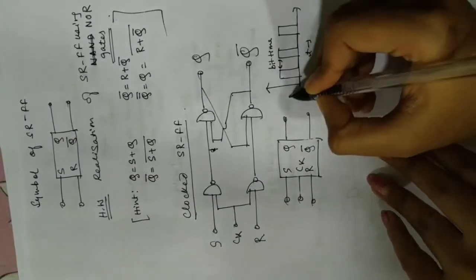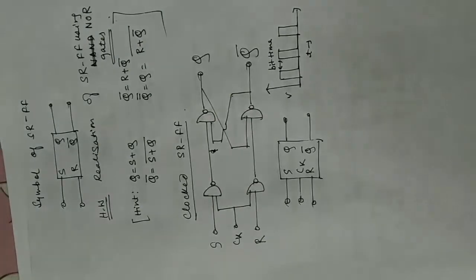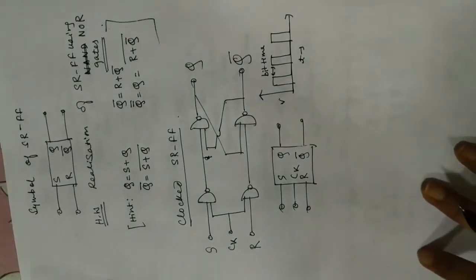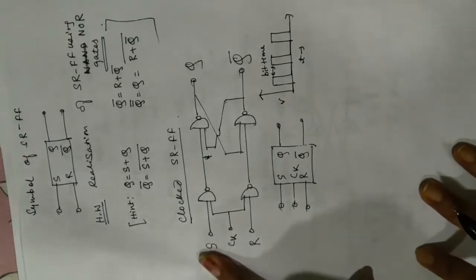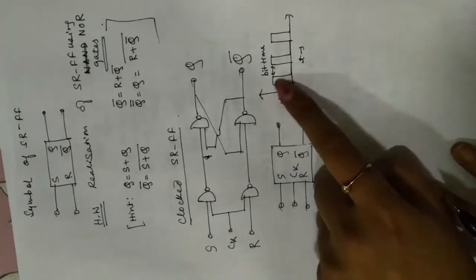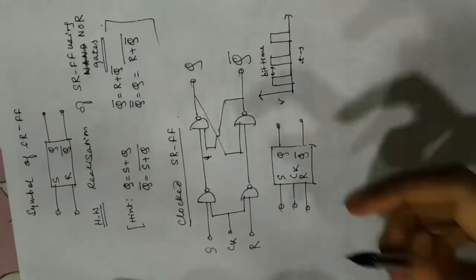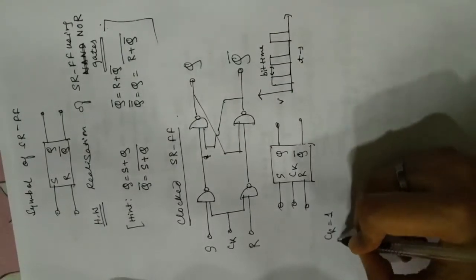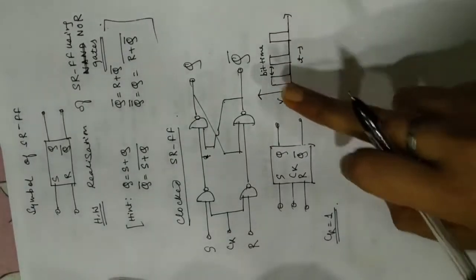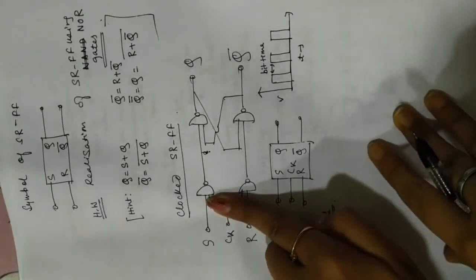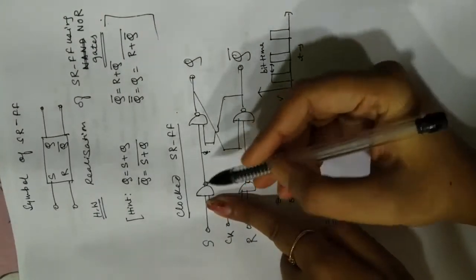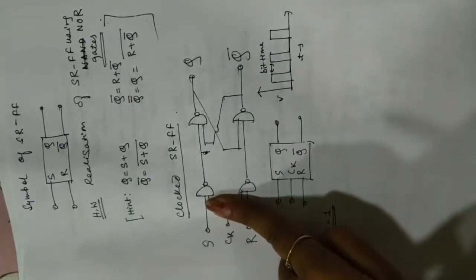There is a time axis over here and there is a voltage axis. Now just look into the figure and you'll understand how it works. When the clock pulse is active, that means when CK is 1, this becomes 1, this becomes 1. So if these are 1 passing through the NAND gate, it will work the same as the normal SR flip-flop, right?